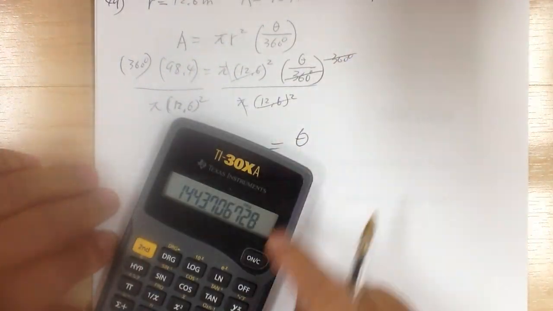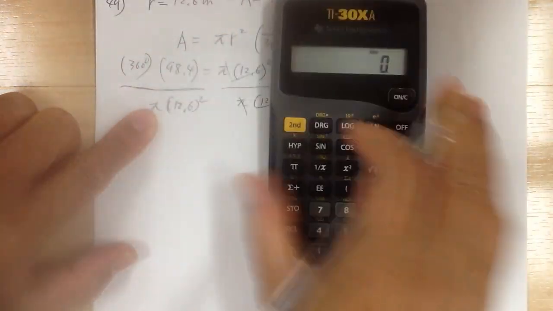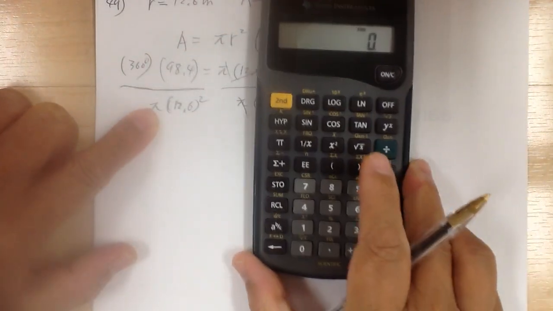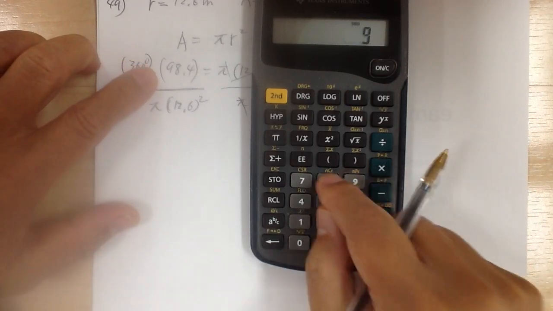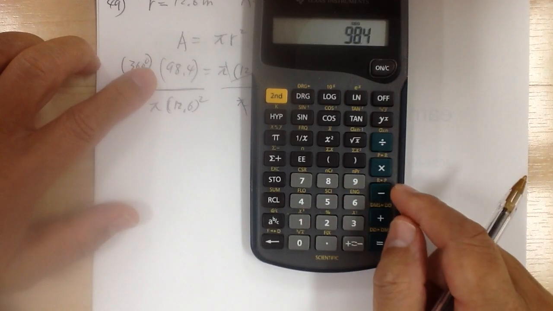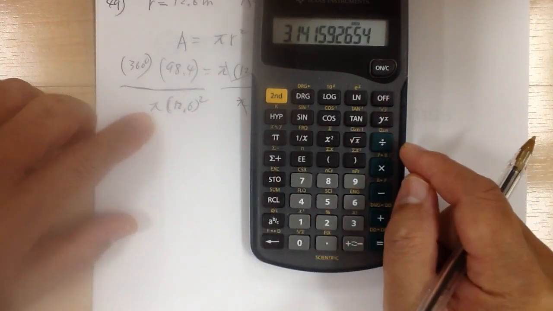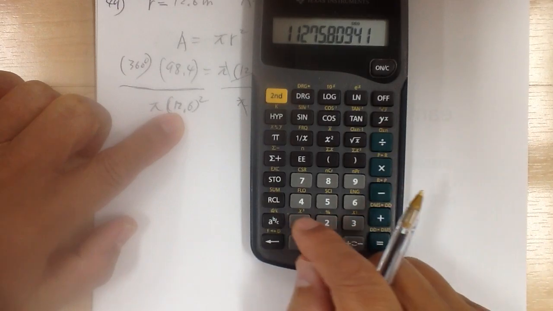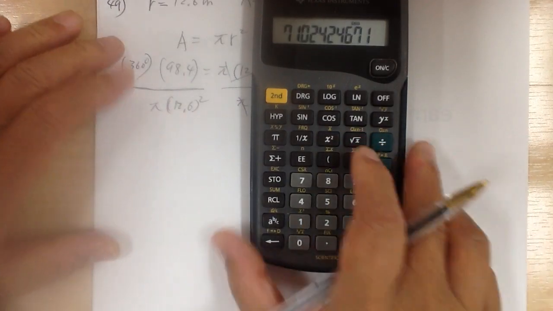Now you have to be careful with this. Everything on the bottom, you have to push the division button on the calculator. So you're going to go 360 times 98.4. I'm going to push equal first. Then I'm going to divide by pi. Then again, you have to divide by 12.6 squared. Push equal.